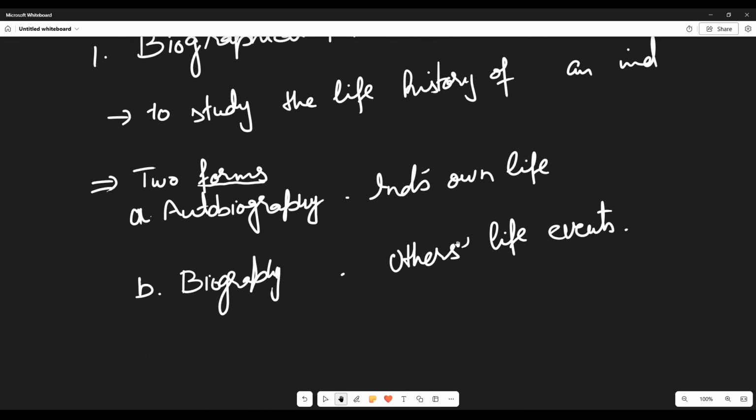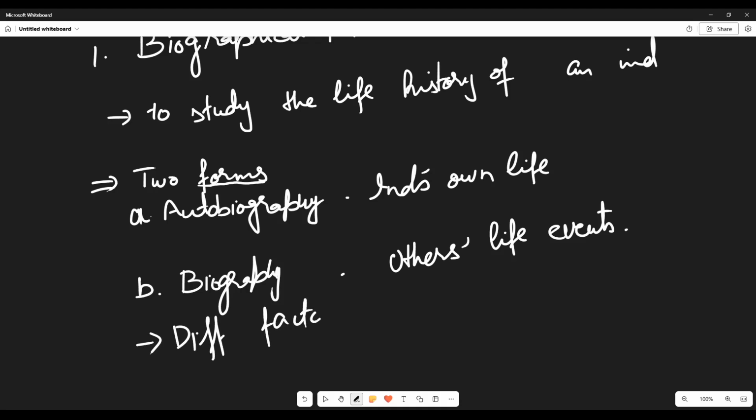Number 1, autobiography. The person himself writes about his life events and circumstances. And the second one is biography, where another person writes about a person's life. Different factors are studied and analyzed regarding the developmental changes of these persons, and then they are generalized for the guidance of others.